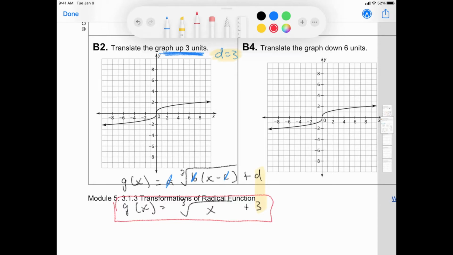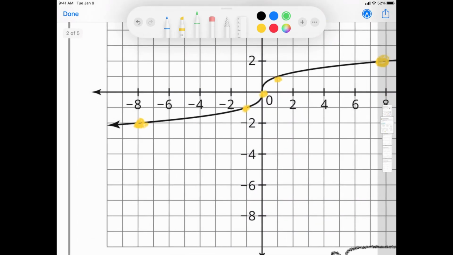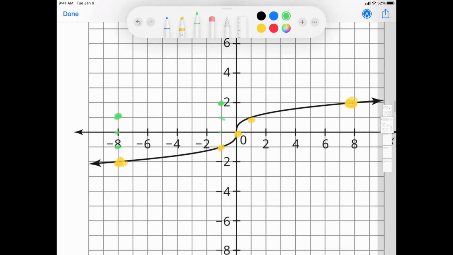Okay, let's go ahead and graph the reference points. Negative 8, 2 came from the intro video. Negative 1, 1, 0, 0, 1, 1, 8, 2. Okay, and I'm just going to move those points 3 units up. 1, 2, 3.